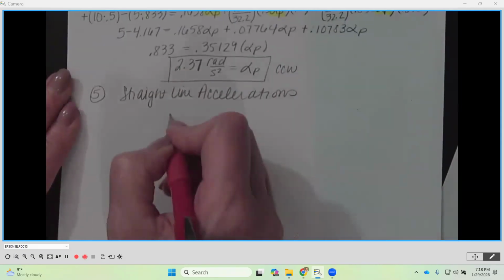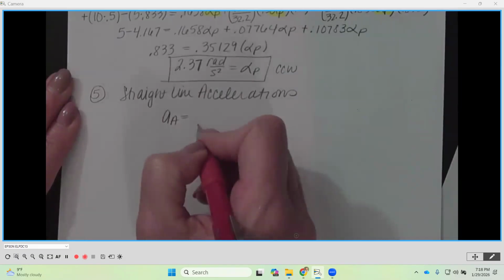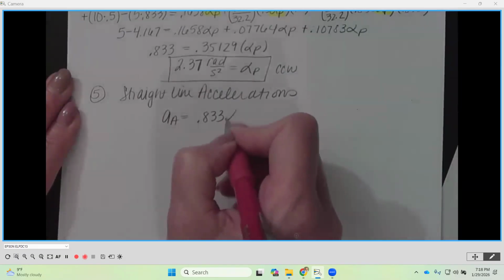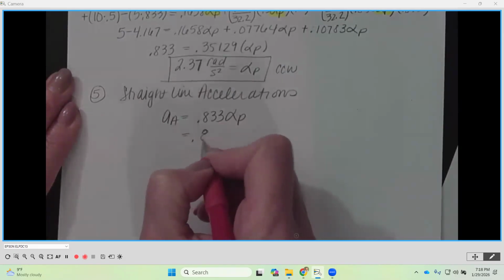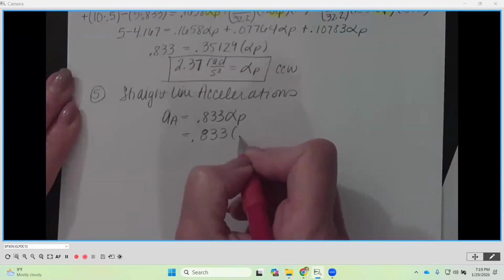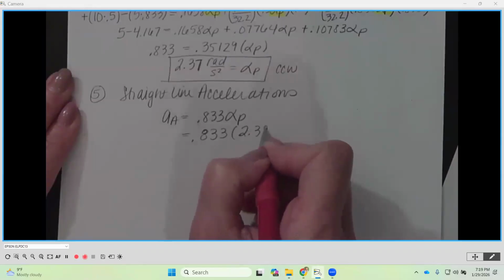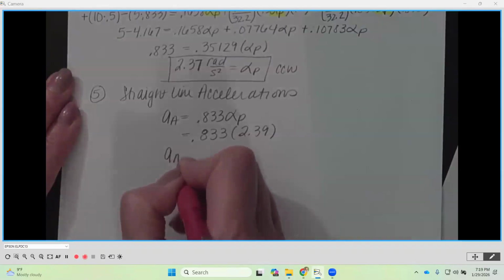So that means our acceleration at A is going to be equal to 0.833 times alpha P. 0.833 times 2.39, and our acceleration at A is 1.974.